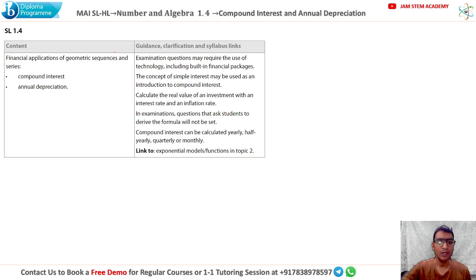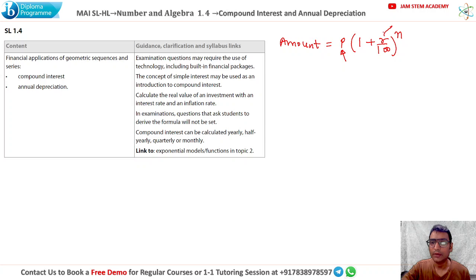Okay, so let me tell you something about the compounding thing. As you all are aware, the final amount of some investment which is made, where P is the principal amount that we paid, after n number of years is given by P times 1 plus R over 100 raised to the n, where P is the principal amount or our investment that we are making, a one time payment you can say.